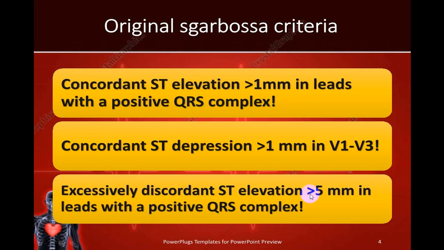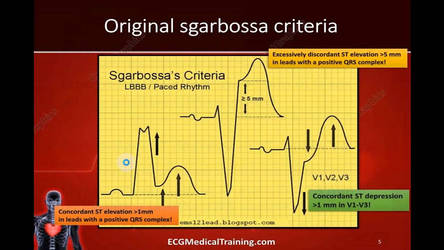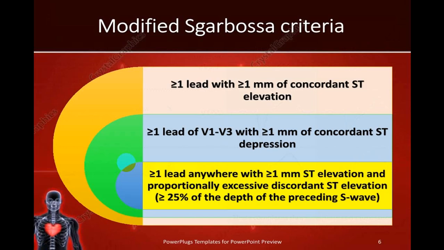Excessive discordant ST segment elevation of more than 5 millimeters in leads V1, V2, V3 is 2 points. The same thing is shown here. You can go through this, and this is the modified Sgarbossa criteria.